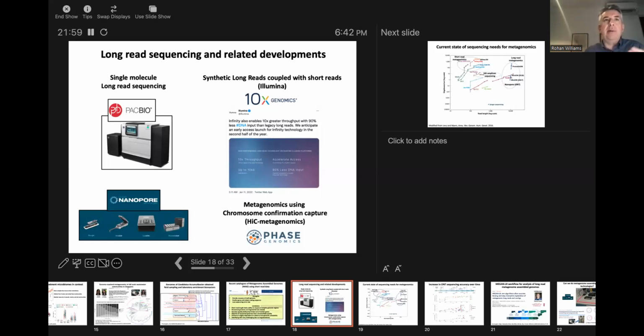I mean, these instruments are big. Oxford Nanopore makes very, very compact instruments. For those of you who've not seen these, they're very, very small.